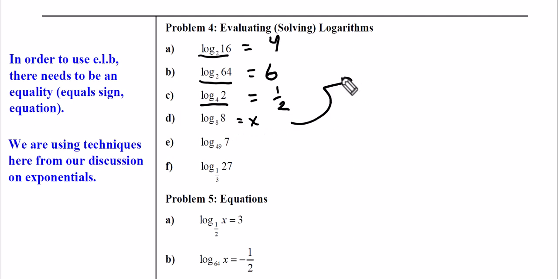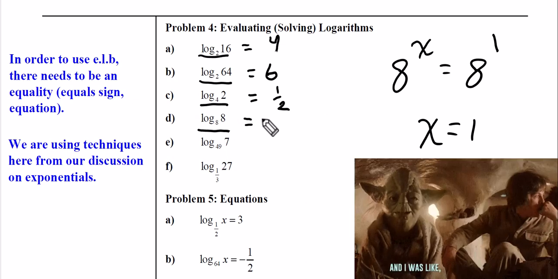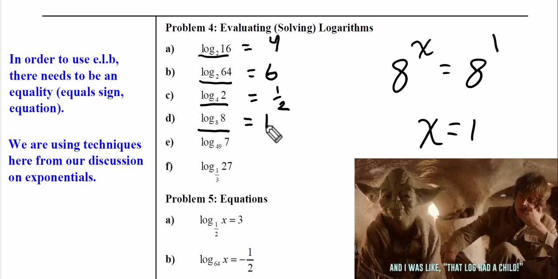Let's see what happens. So I have 8 to the x power equals 8. Now, folks, please don't do a factor tree for this. It's the same base, for crying out loud. So this is the power of 1. They're the same base. x equals 1. So if you were to put this in a calculator somehow, you would get that the answer is just 1.